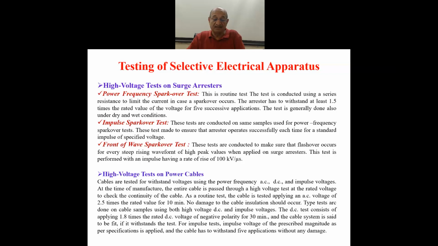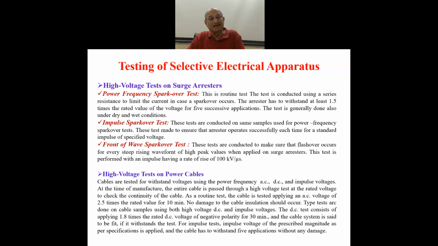The arrester has to withstand at least 1.5 times the rated value of the voltage for 5 successive applications. That is what the test of surge arresters is: it is tested at 1.5 times the rated value of the voltage for 5 successive applications.